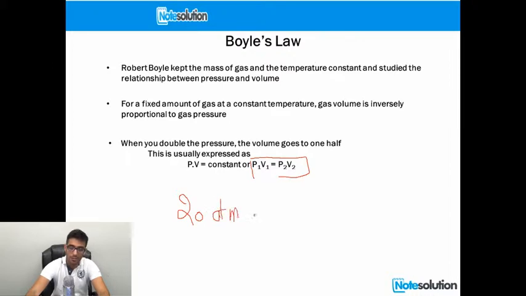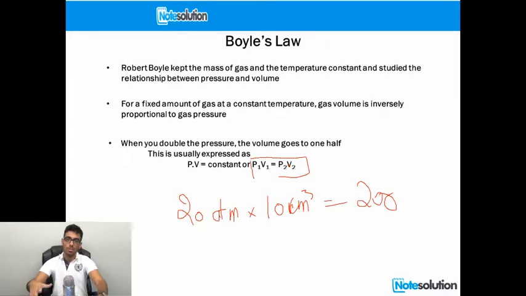So 20 times 10 gives us 200. Now, let's say we switch this gas, the same amount of gas at the same temperature, to a bigger container. So now the volume of the container is 100 centimeter cube.